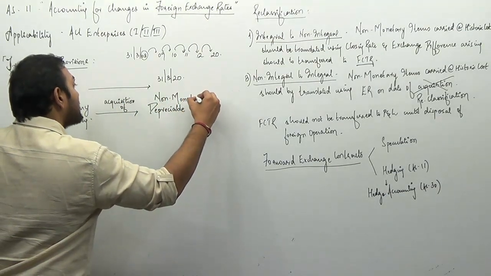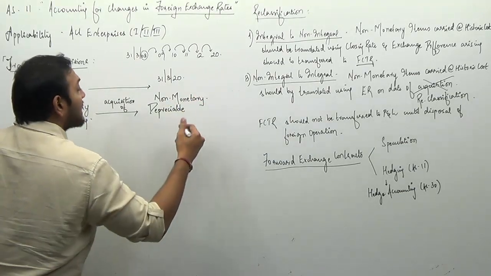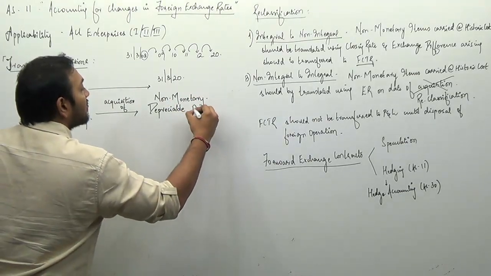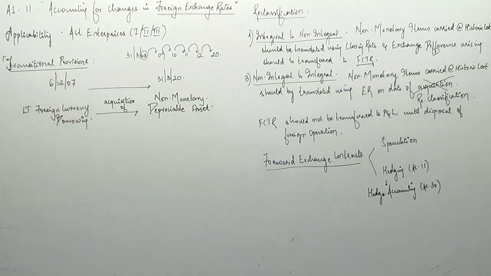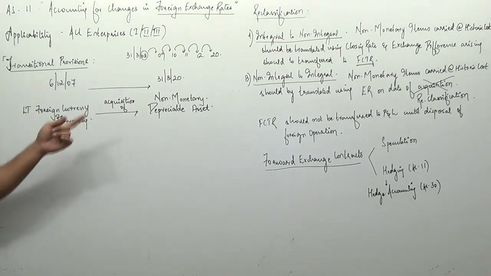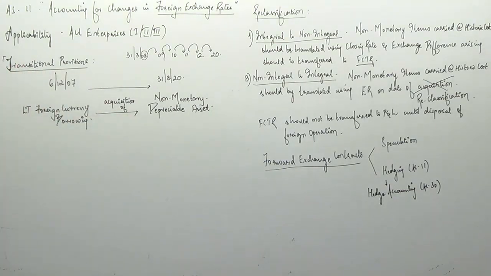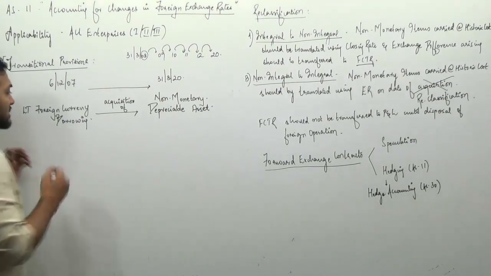Any fixed asset is always non-monetary because they are real accounts. So if I have acquired a non-monetary depreciable asset, I have used this long-term foreign currency borrowing for acquiring a non-monetary depreciable asset. What happens?